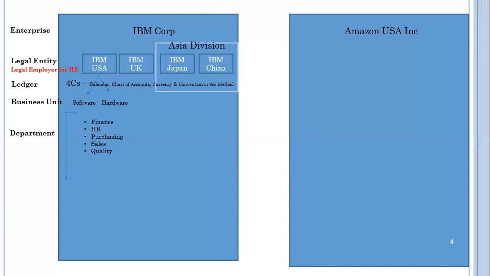I always have confusion between an LDG and a payroll statutory unit. Can you explain a little bit? LDG is the legislative data group.